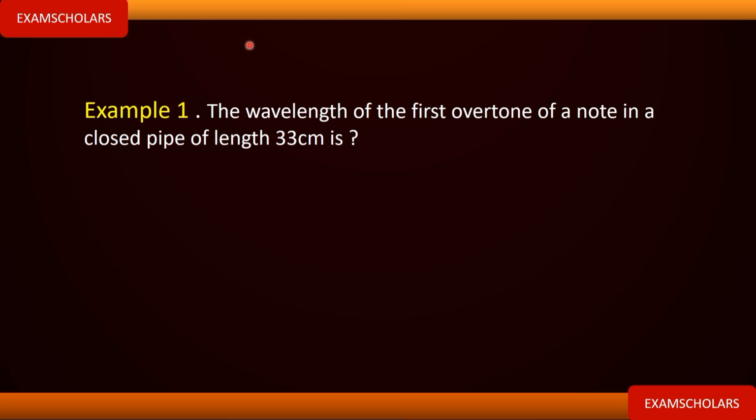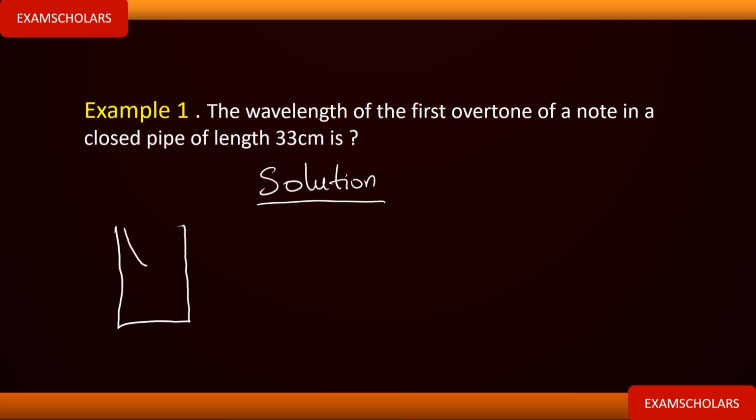So let's see how to solve it very fast. Now, for second harmonic, we are going to have something like this. In a closed pipe, you have something that looks like this, and then you have something like this.